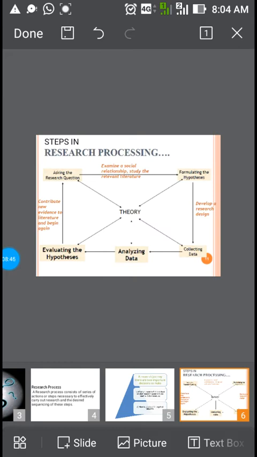Then once you find out the problem, you also need a solution for the problem, and the solution to the problem can easily be found with the research design. So the next step is research design.